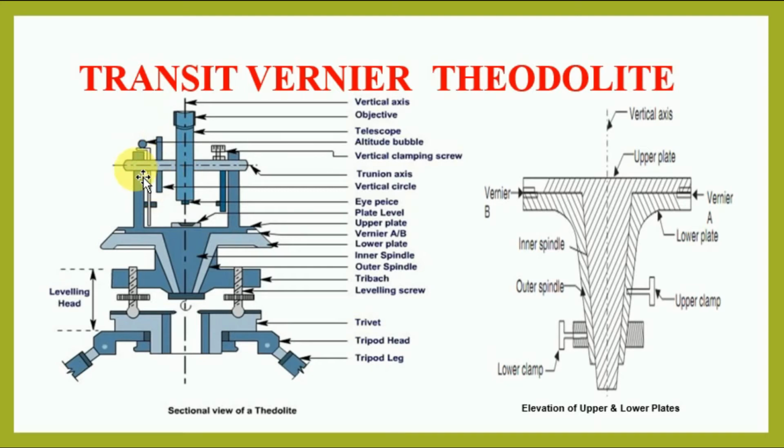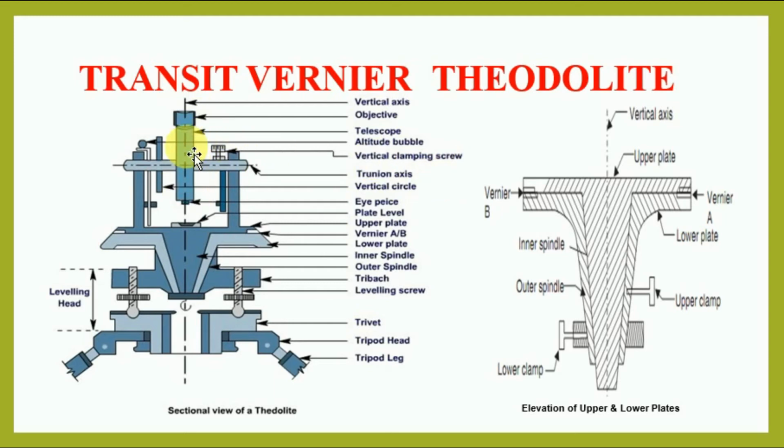And also there is an altitude bubble for the leveling of the telescope whenever there is a requirement of vertical reading. This telescope can be fixed accordingly using a vertical clamp screw.